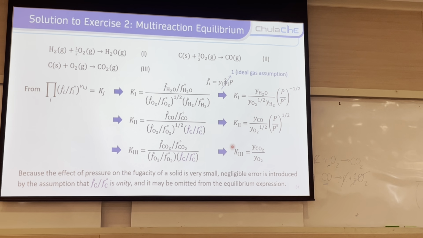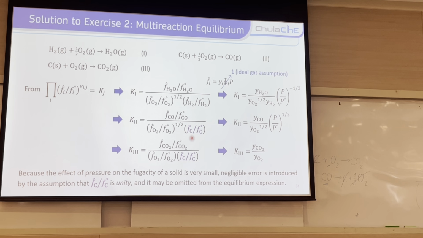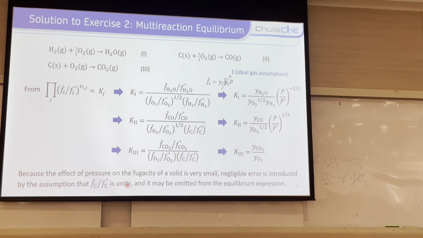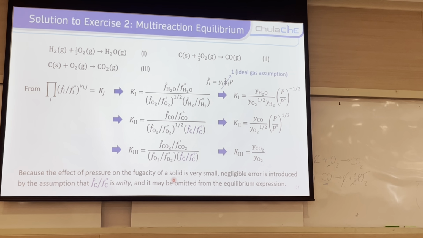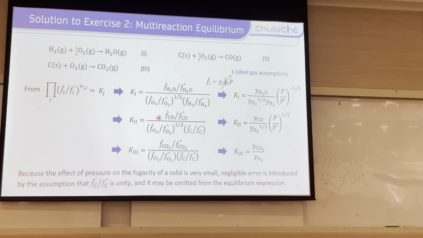Then you can get the remaining equation here. So again, the carbon term here is neglected already because the pressure effect on the fugacity of solid is very small. The fugacity can be assumed to be unity here, so it's negligible. And this one is changed to the standard state pressure and also the mole fraction.